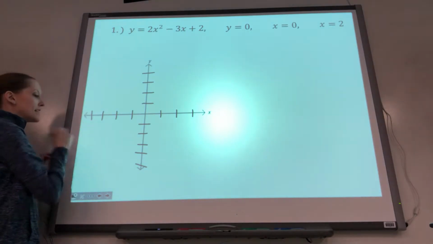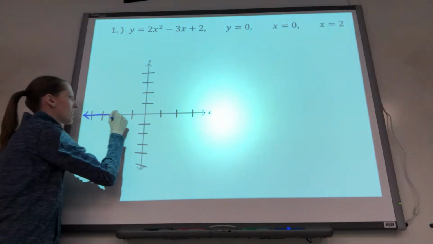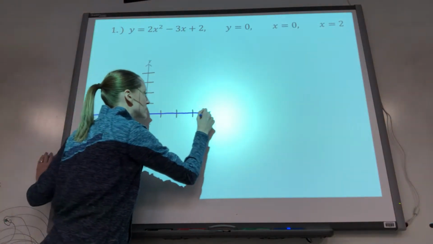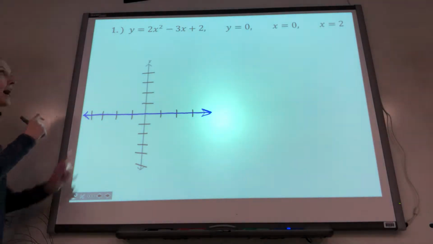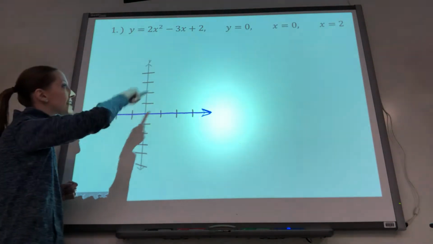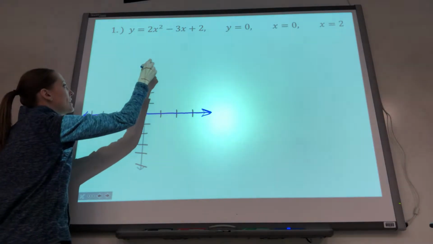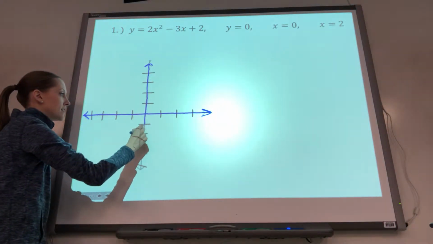So y equals 0, changed my mind, I'm going for blue. y equals 0 is just a horizontal line at 0. That pretty well just turns into your x-axis. Okay, x equals 0. I'm doing the easy ones first, like I said. x equals 0 is a vertical line at 0.